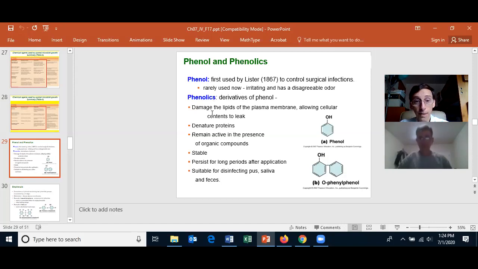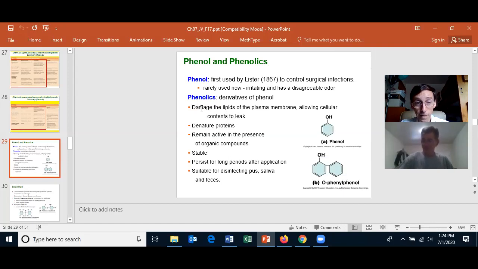Phenolics are chemical derivatives of phenol. They damage lipid membranes and plasma membranes and denature proteins. A good thing about phenolics is they are active even in the presence of organic compounds.